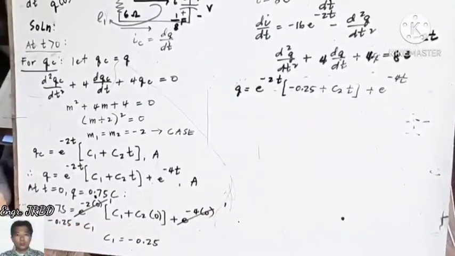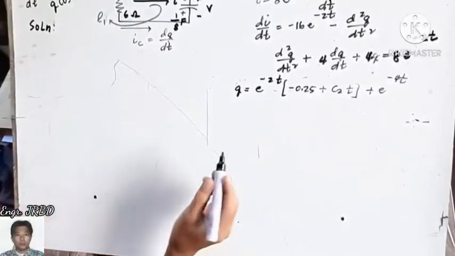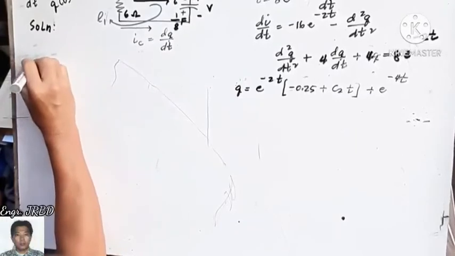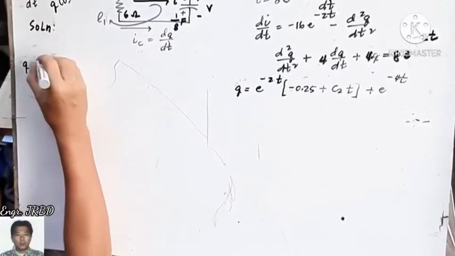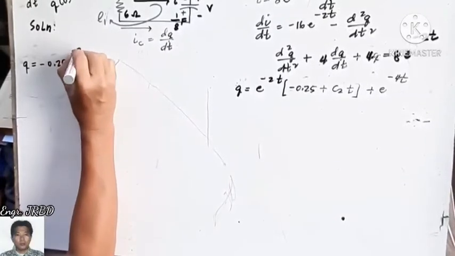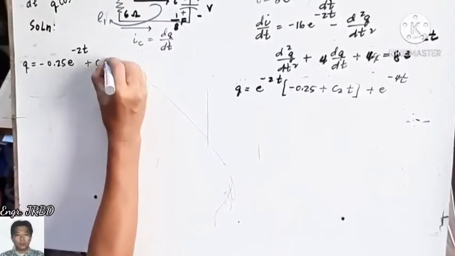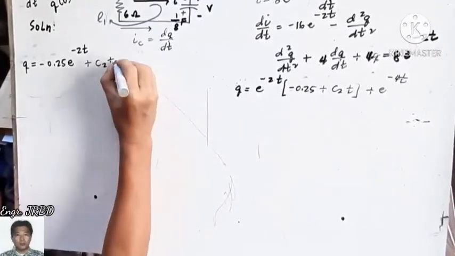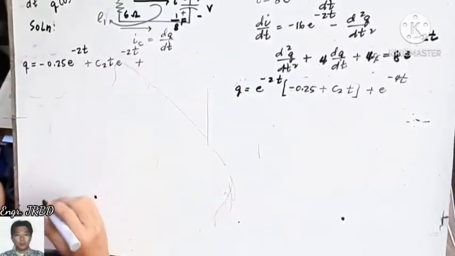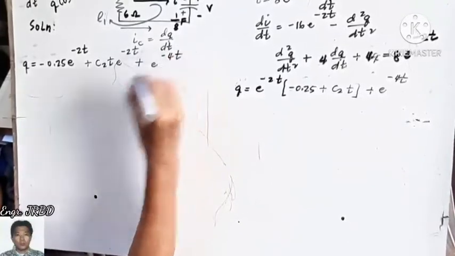Okay. Let's try to erase this again. First, let us try to expand this. So Q is negative 0.25 e raised to negative 2t plus C2 times t e raised to negative 2t plus e raised to negative 4t.